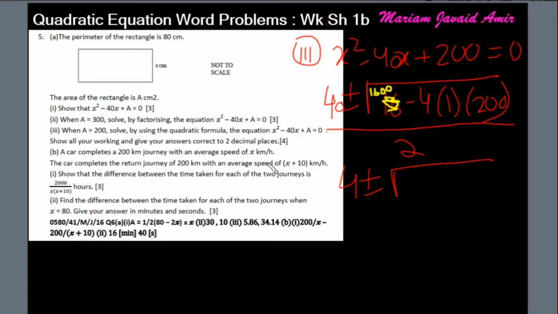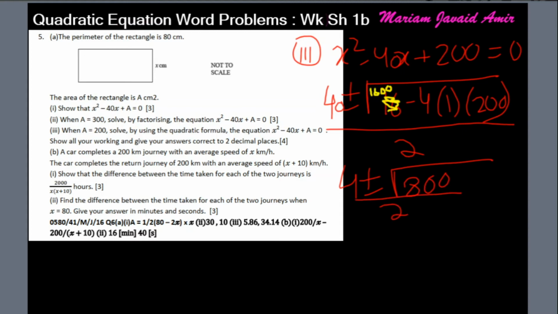Inside the square root I get 1600 minus 4 times 200, which gives us 800, over 2.